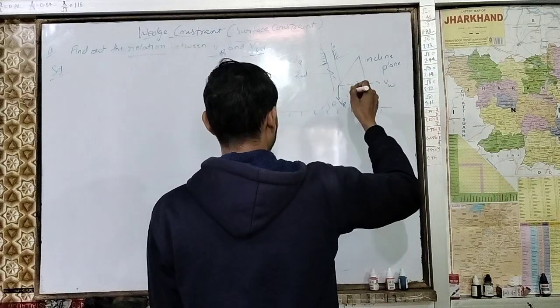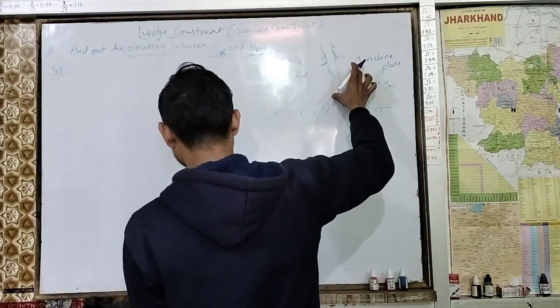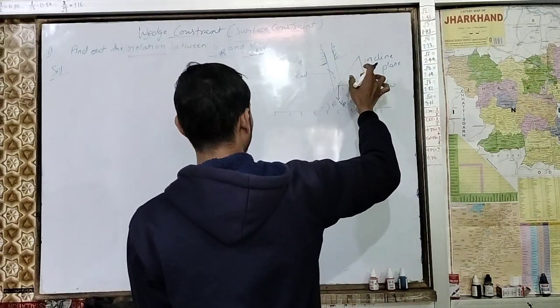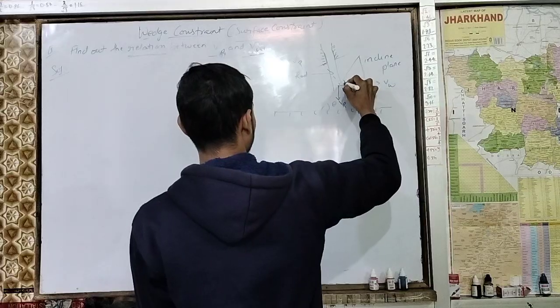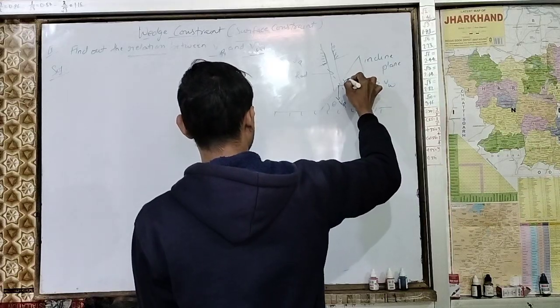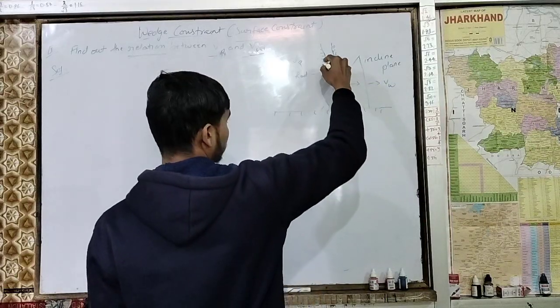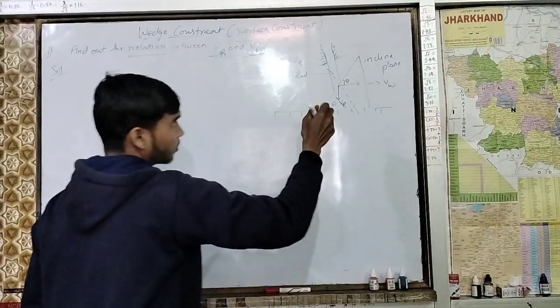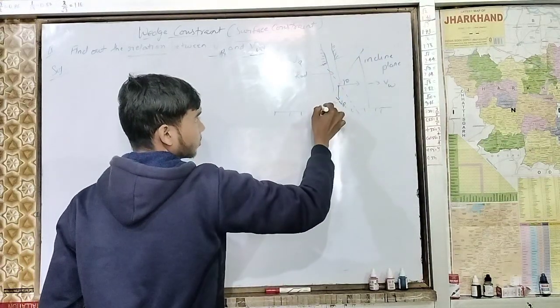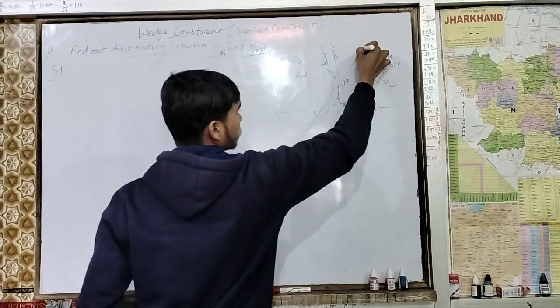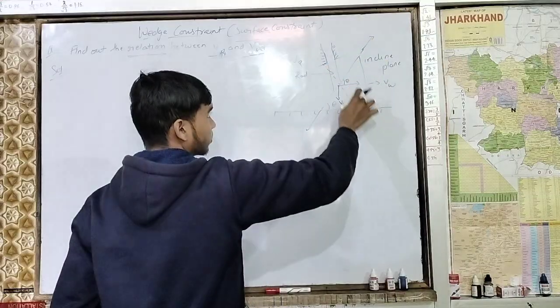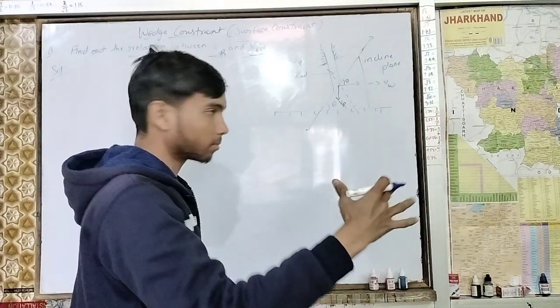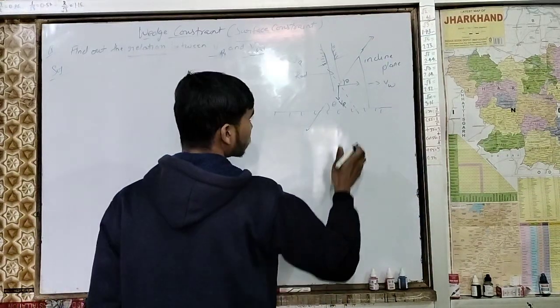So if this is a 180 degree angle, this will be our theta. If this is theta, you just observe, this is one line and another line, both are intersecting.